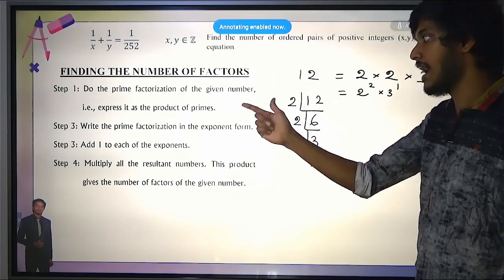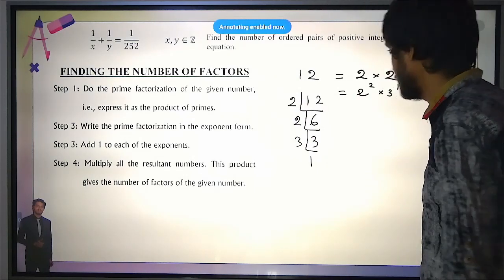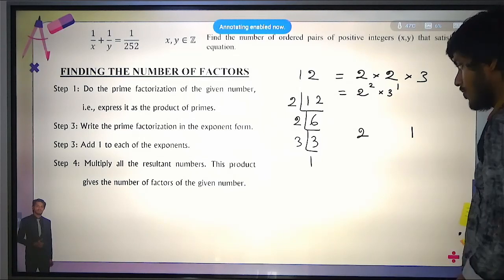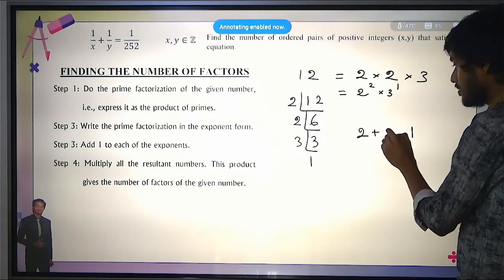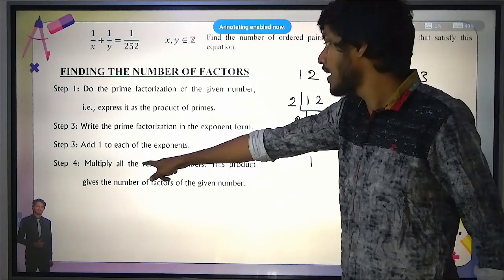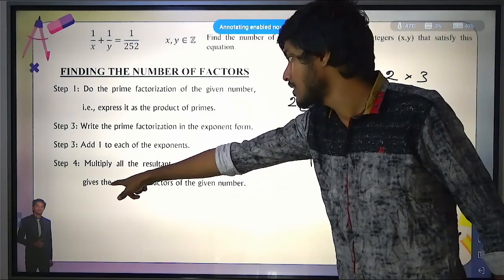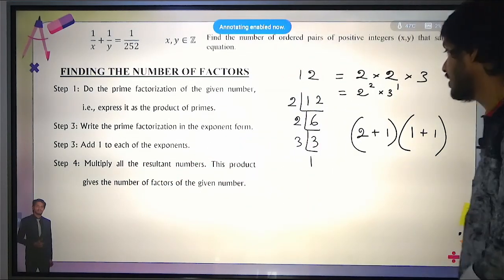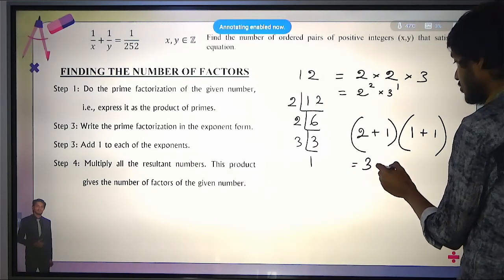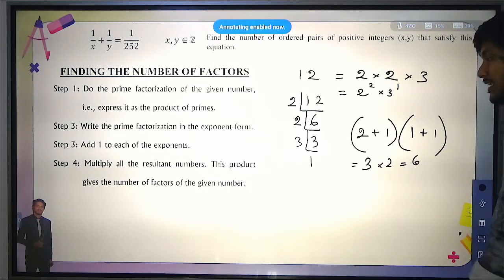Next step is add 1 to each of the exponents. So one of the exponents is 2, the other exponent is 1. So add 1 to 2, that would be 3. Add 1 to 1, that would be 2. Multiply all the resultant numbers. This product gives the number of factors of the given number. Therefore, I am getting the answer 3 into 2, that would be 6.